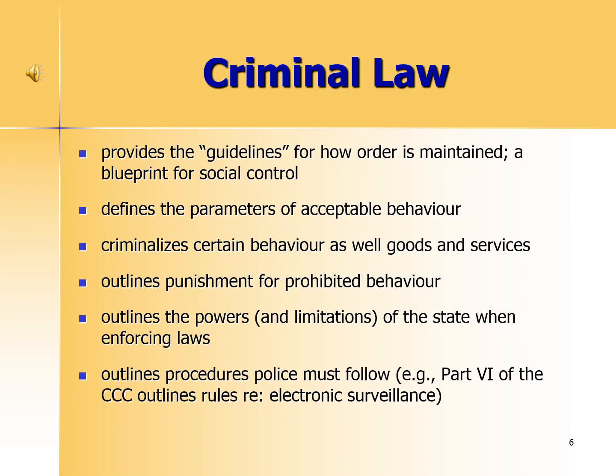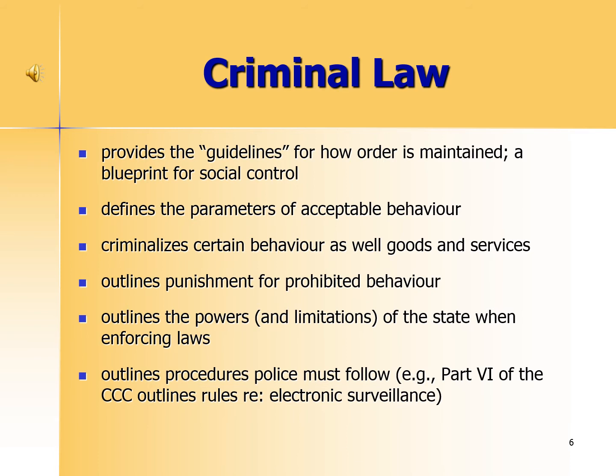So flowing from the aforementioned definition of criminal law, basically what criminal law is supposed to do, and what the Criminal Code does in Canada, is provide the guidelines for how order is maintained in society. It's a blueprint for social control. In particular, it defines the parameters of acceptable and unacceptable behavior, and specifically, it defines what is unacceptable behavior.